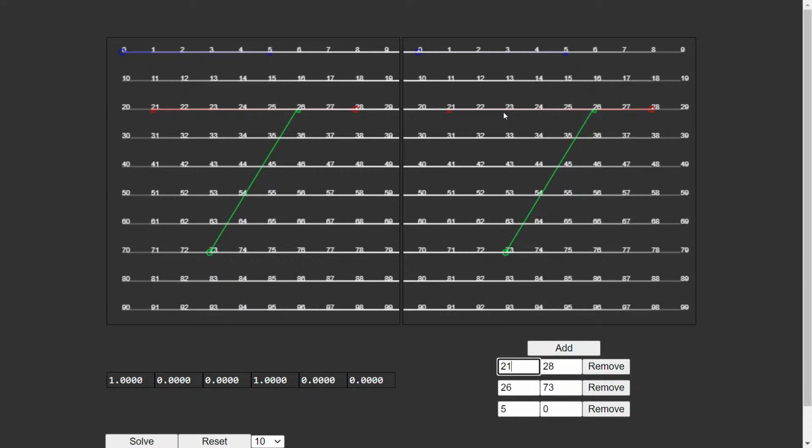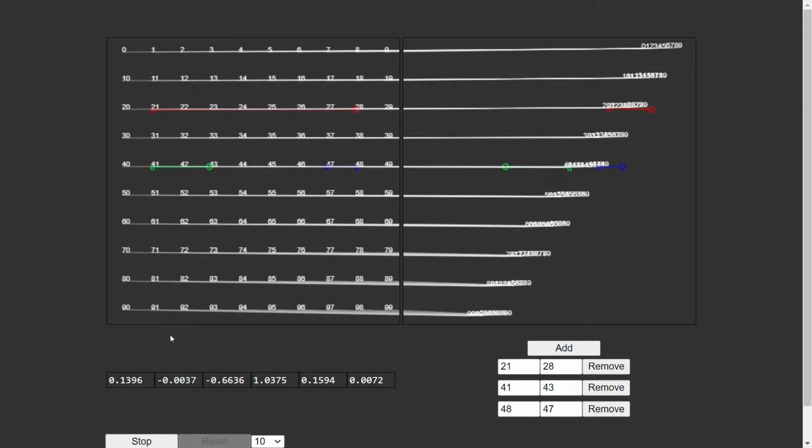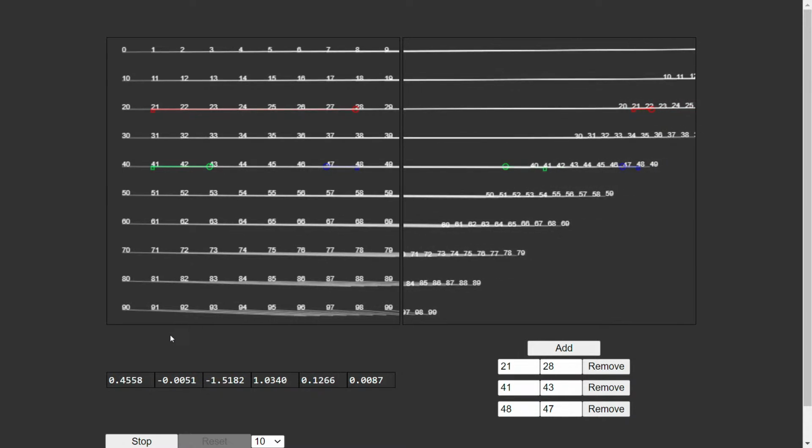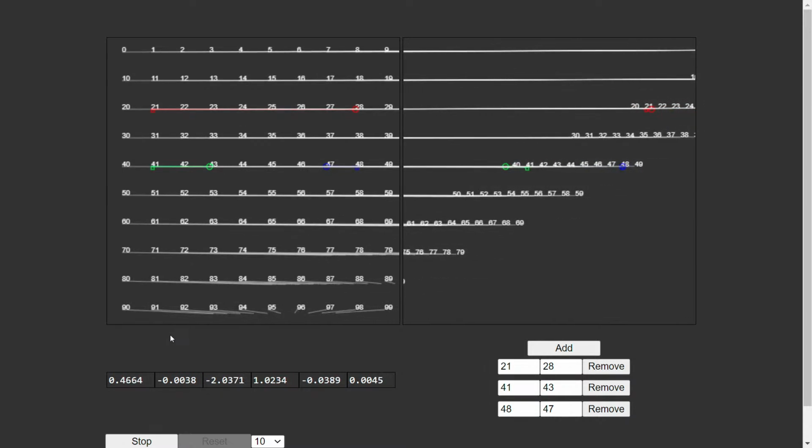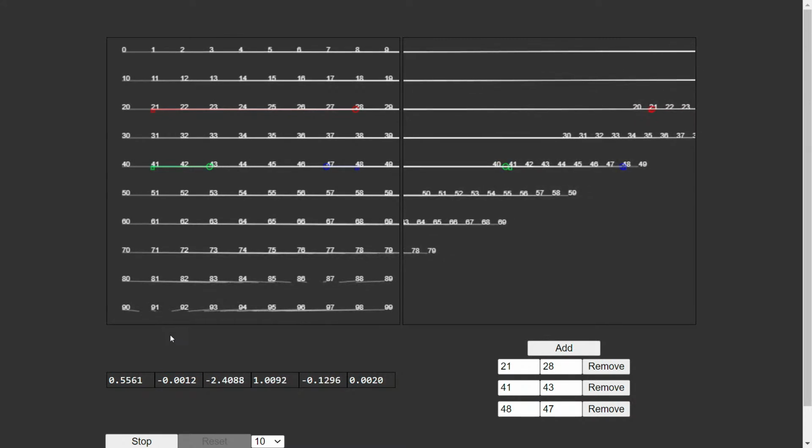So 21 to 28, and then 41 goes to 43. This shouldn't be solvable, you guys. And then what about 48 to 47? This will definitely not be solvable. Oh, it's easily solvable, never mind. Yeah, the whole shear. It does a shear there.